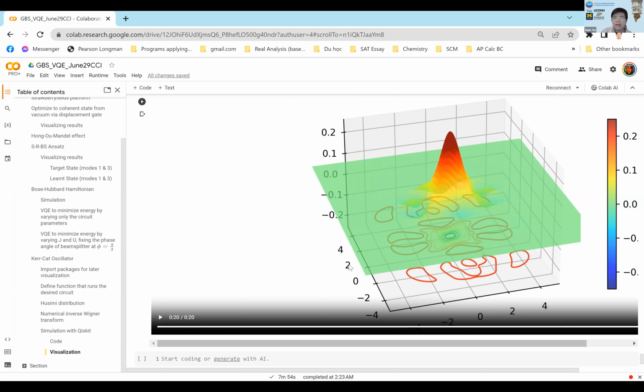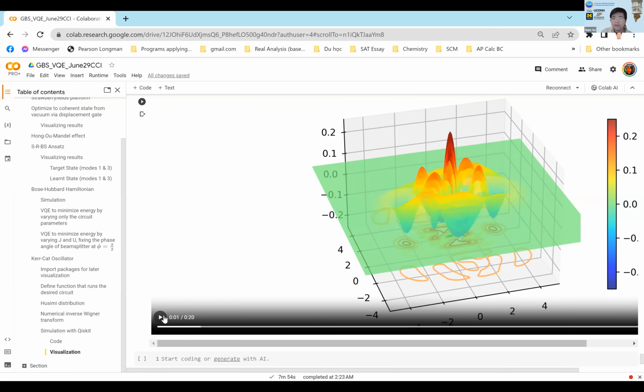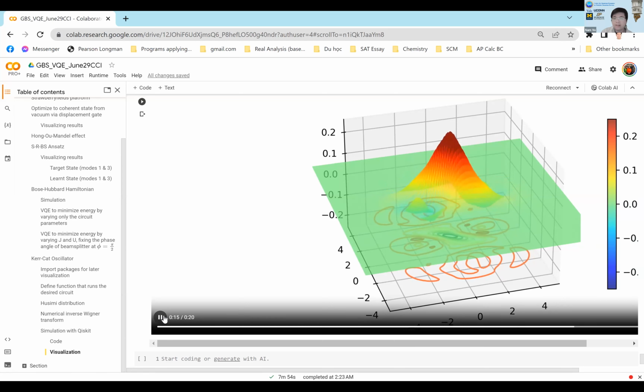For this one, because I'm starting from a different time frame, it performs the Kerr gate first. So it transforms with the Kerr gate, and then it starts to rotate, and then it's squeezing like this, and then it rotates. It wasn't rotating earlier; it was rotating at the end.